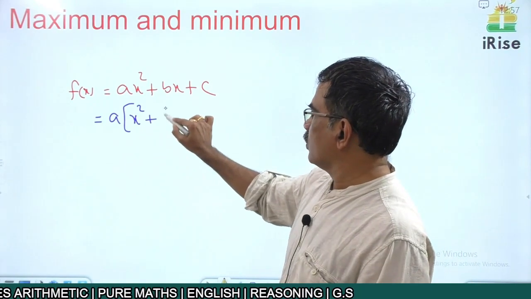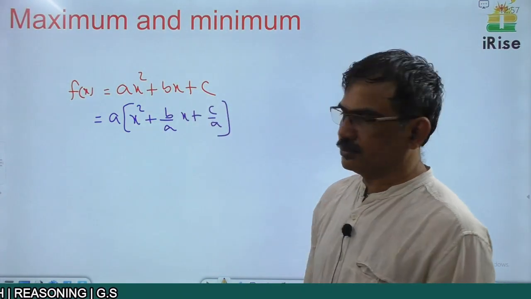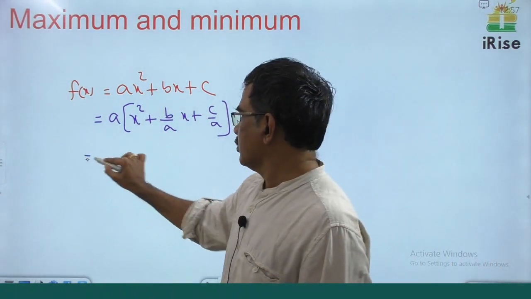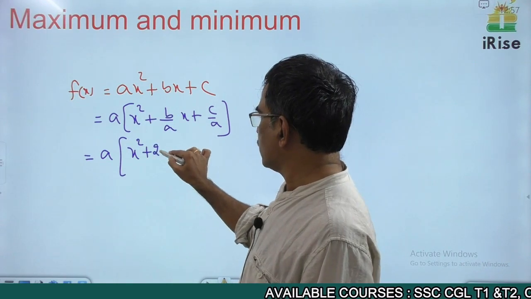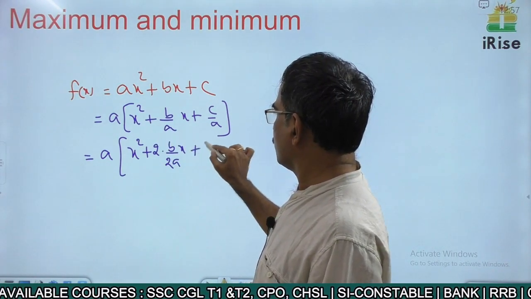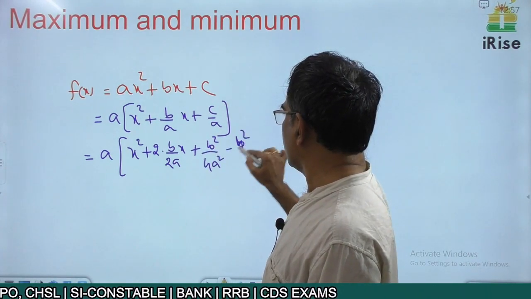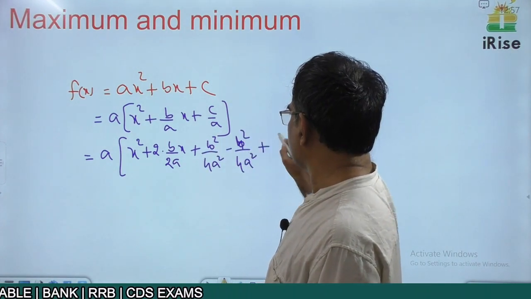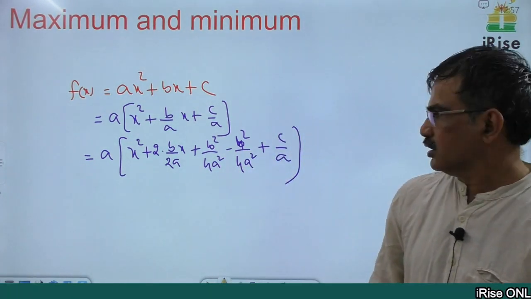a into x square plus b by a x plus c by a. This can be written as a into x square plus 2 times b by 2a x plus b square by 4a square minus b square by 4a square plus c by a. I want to add and subtract the same thing.